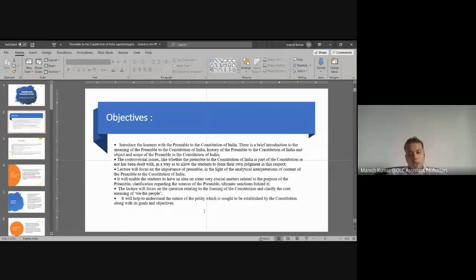We will clarify it. It will help you to understand the nature of the polity, which is sought to be established by the Constitution, along with its goals and objectives. All those things will be covered under this.